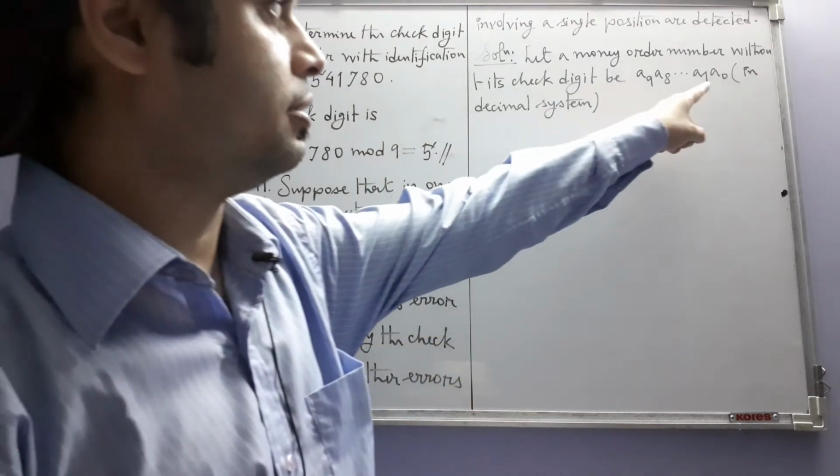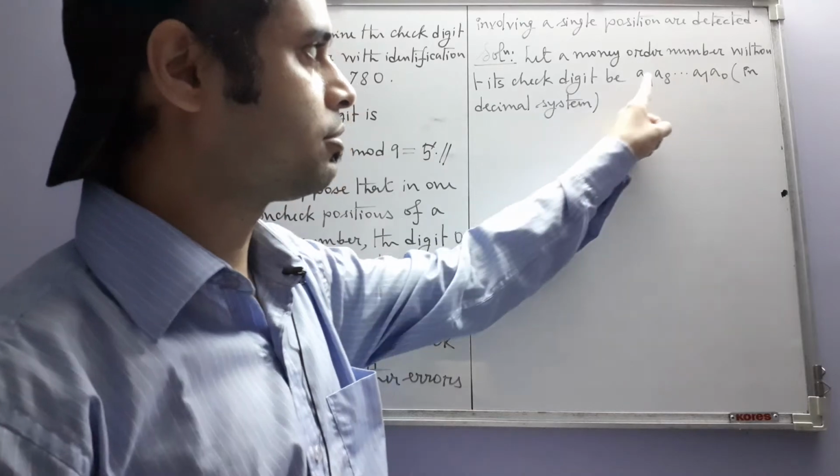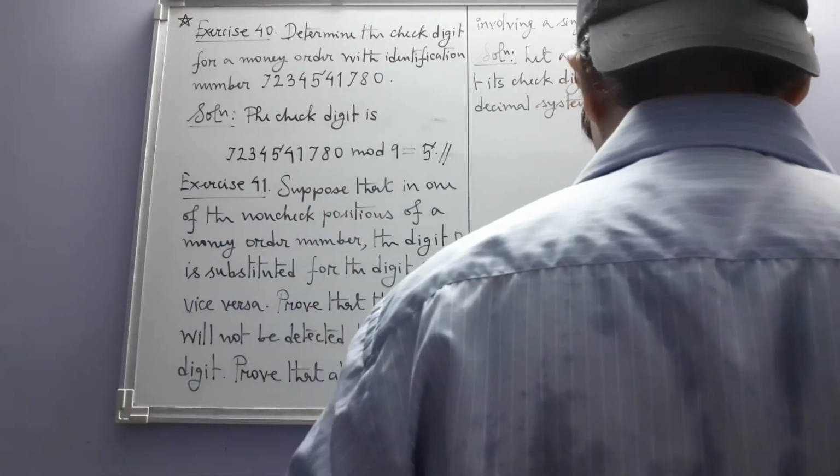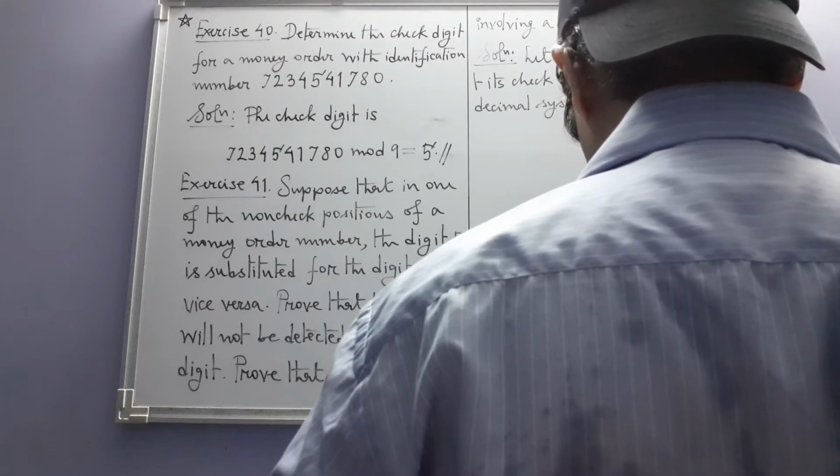These are the digits from A0 through A9, the digits of the money order number.